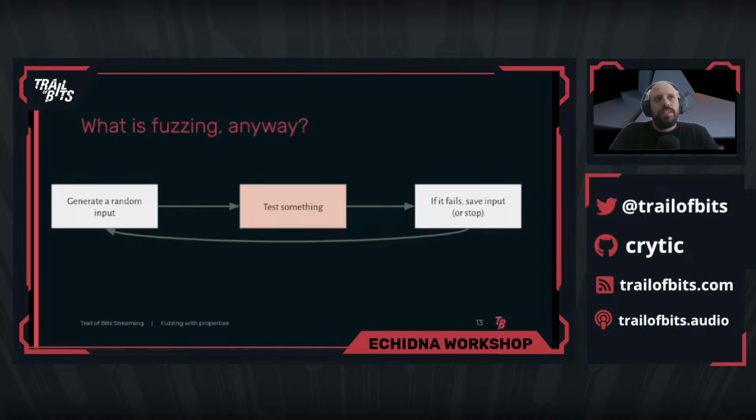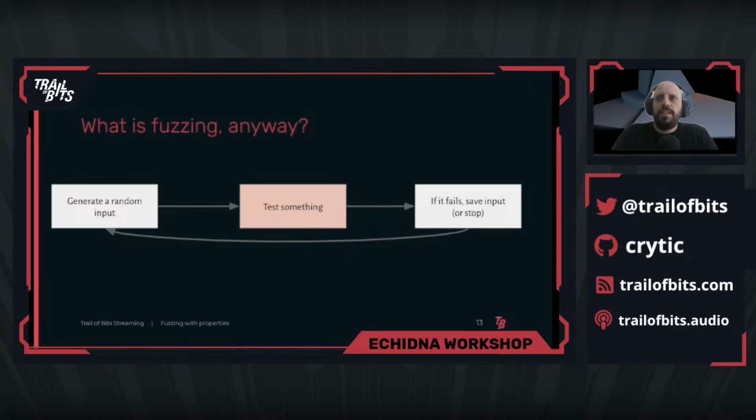So the first part is that we have a random input that usually shouldn't be so random because there are specific values more interesting than others. So a good fuzzer like Echidna will try to figure out which inputs are more likely to break the code than others. So it will be like trying to figure out the correct values to break it.